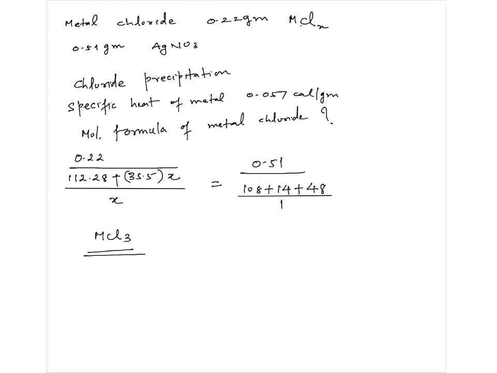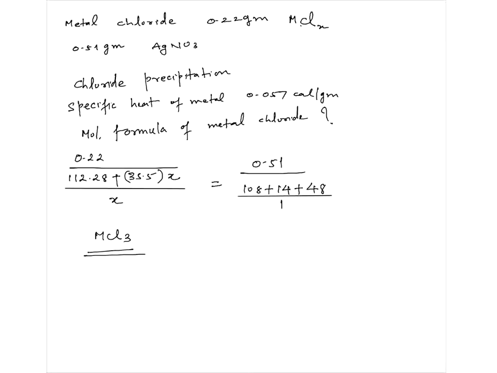What is X here? Chloride ion has -1 charge and there are X of them. So X into 1 is X. So equivalent weight will have the same X here, that is there in MClX. Now that is equal to equivalence of silver nitrate.